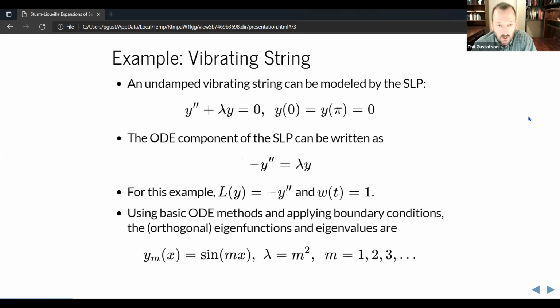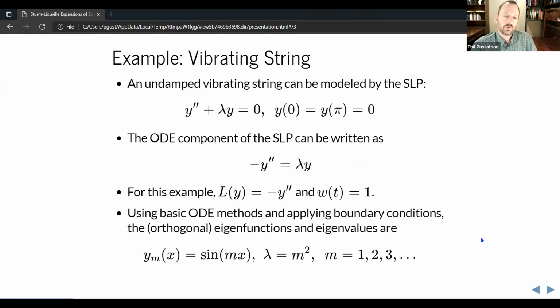First, an example would be a vibrating string problem. The Sturm-Liouville problem here is this undamped vibrating string differential equation with clamped endpoints. If you rewrite it in linear operator form, your L is simply negative y double prime, and your weight function will be 1.